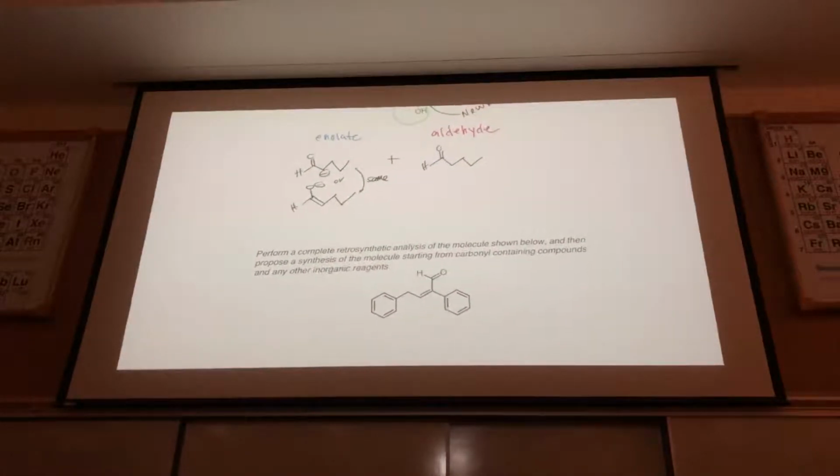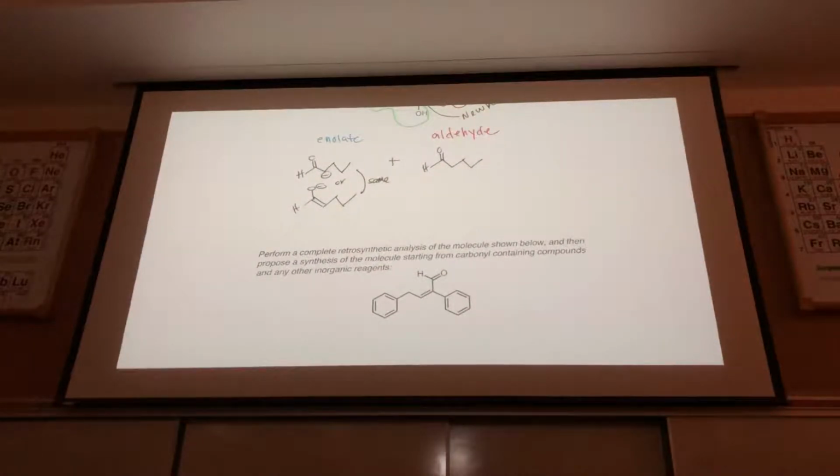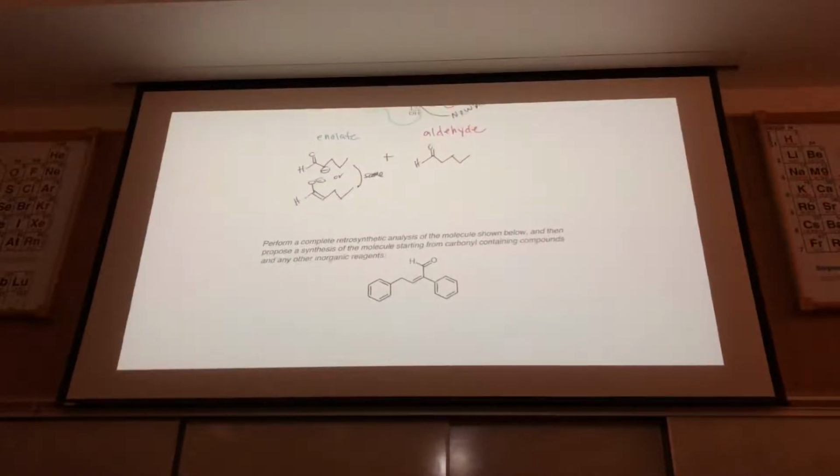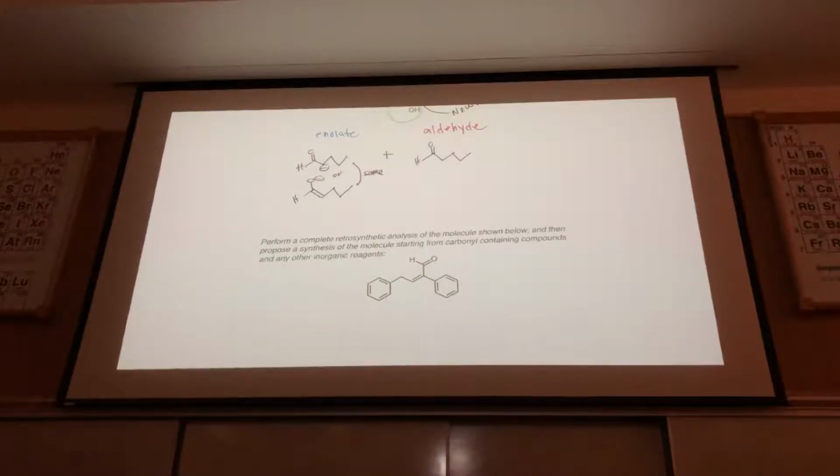Okay, let's see if we can do the same analysis with the dehydration. Can we separate it? Can we go backward until we get to two separate pieces? So I think it's a little bit easier to do that if you could possibly draw the addition intermediate if you're not sure, but I also like to just circle the piece that remained untouched, in other words, the one that used its alpha carbon.